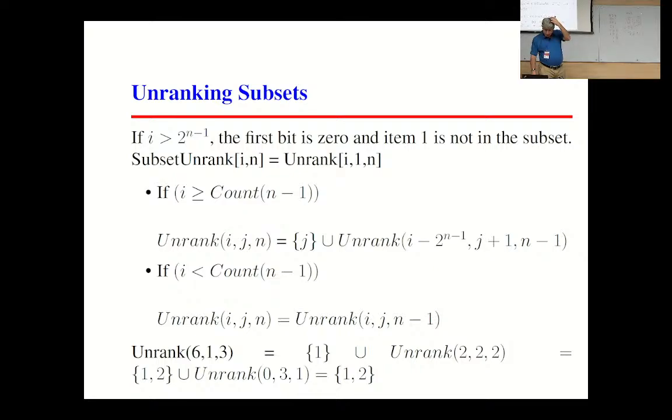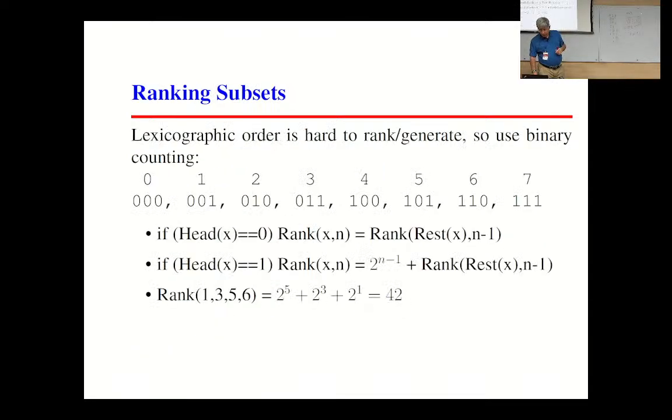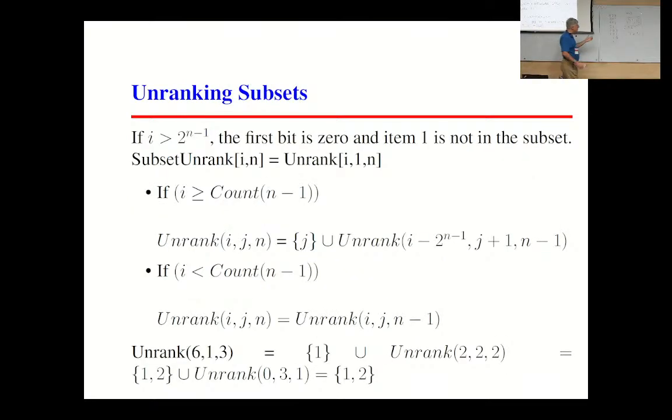Okay, now, there is another way, though, to think about ranking and unranking these subsets, which is, is there a way that I can do it without explicitly constructing this thing? I'm going to claim that if I know that n is this, there is a difference between things that are above 2 to the n minus 1 and below, this is sort of the cutoff of 2 to the n minus 1.